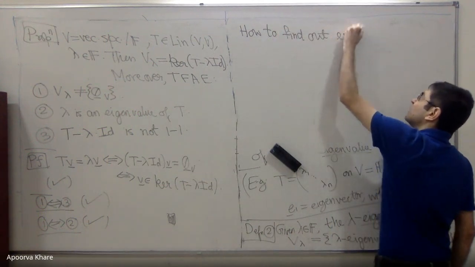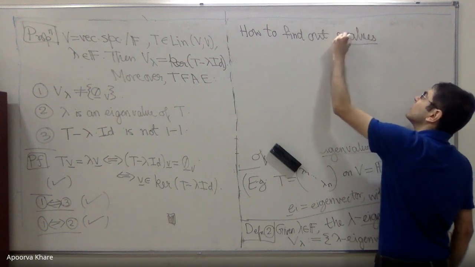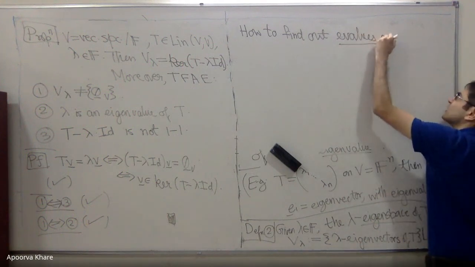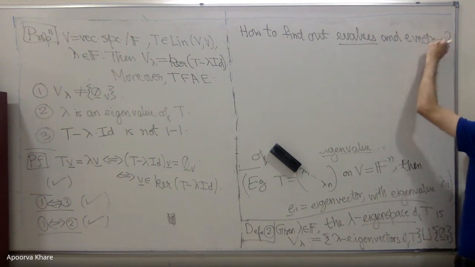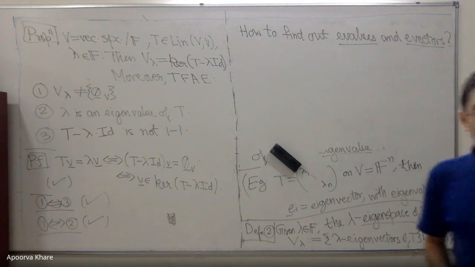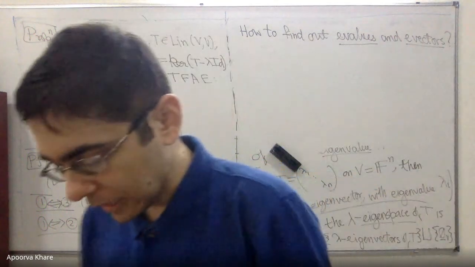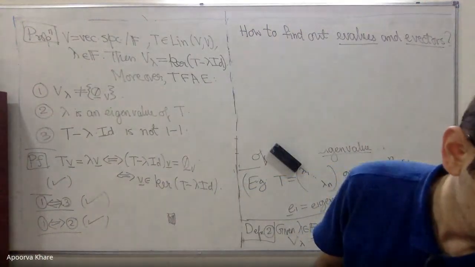From now on, I will call them E values, eigenvalues, and E vectors. So the point is you can do this if the vector space is finite dimensional.